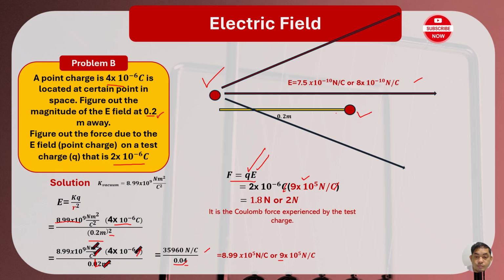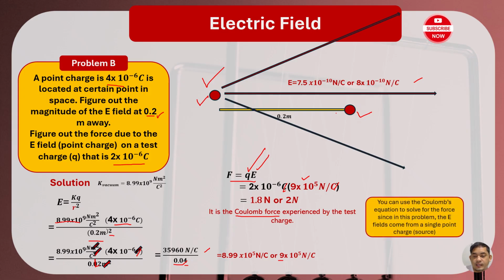It's the Coulomb's force because the field is coming from a single charged particle. If it comes from a single point charge or any single charged particle, the electric field will be the Coulomb's force per unit of charge. Okay, and you can also use the Coulomb's equation to solve this problem, and you still get this magnitude of the force.